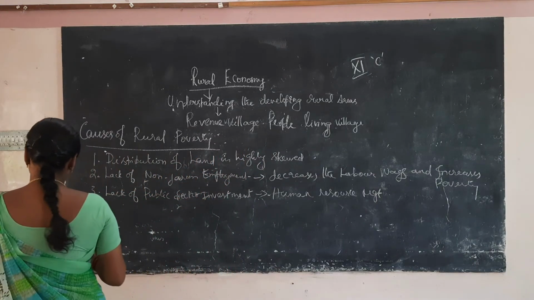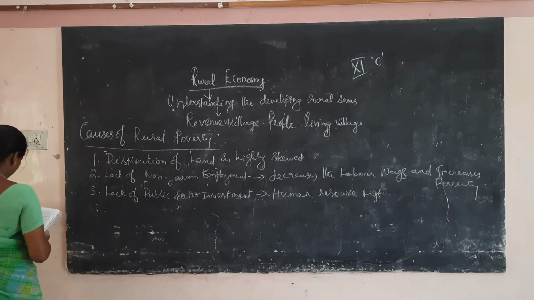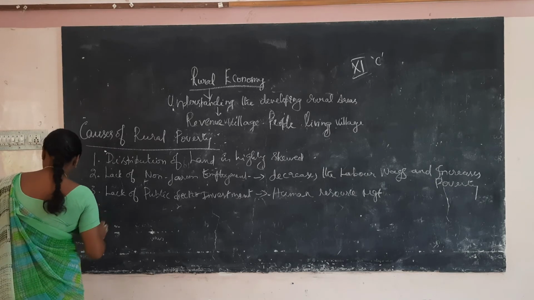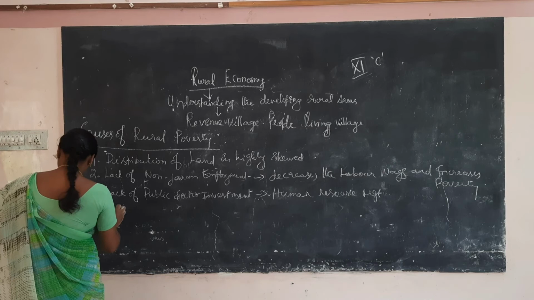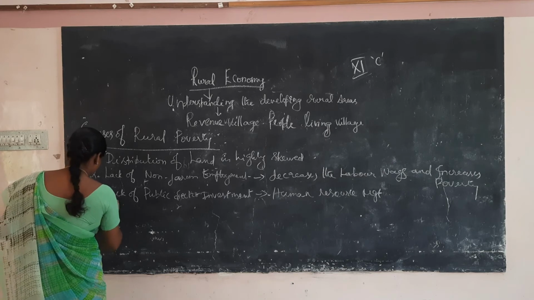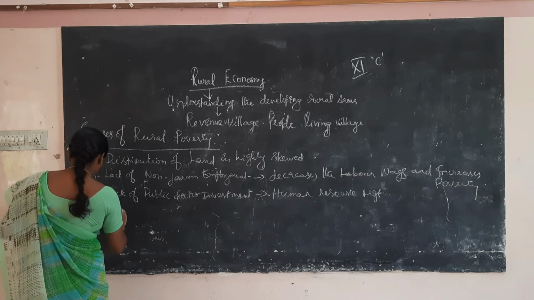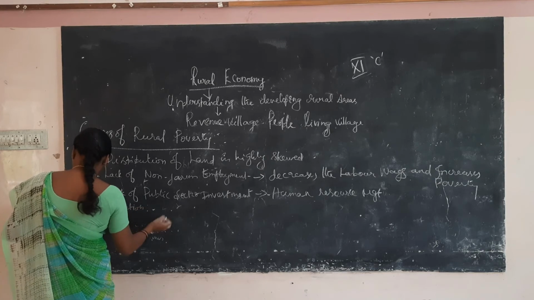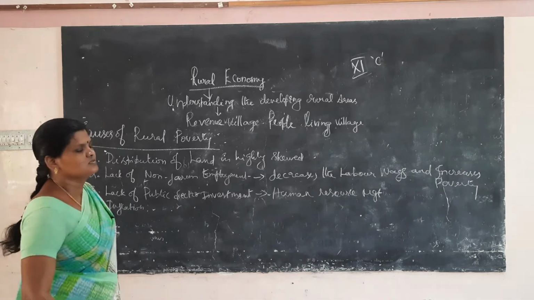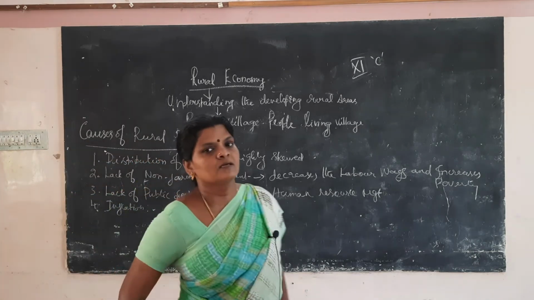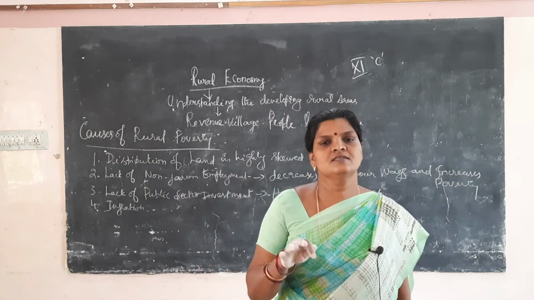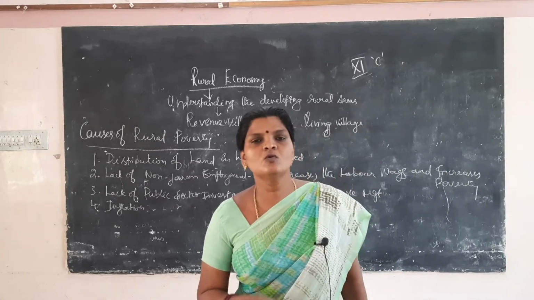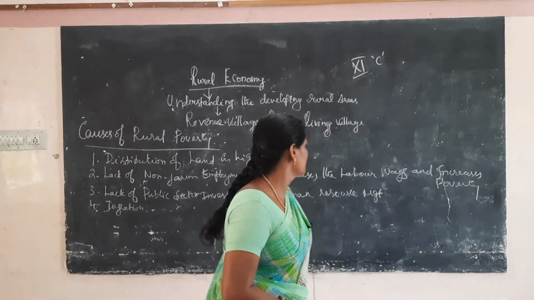The next one is inflation. Here steady increases, that is regular increases in the product price, decrease the rural people's purchasing power.